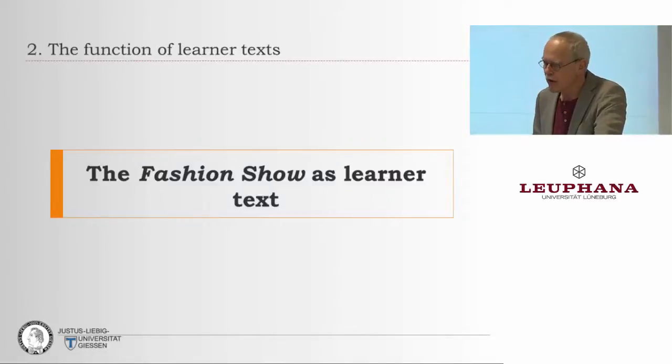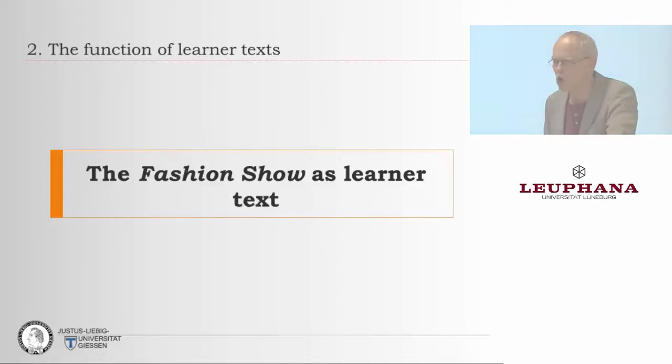I would call the fashion show a learner text. Could you just turn to a partner once again and try to explain to each other why the fashion show is a learner text? Why can I call the fashion show a learner text?